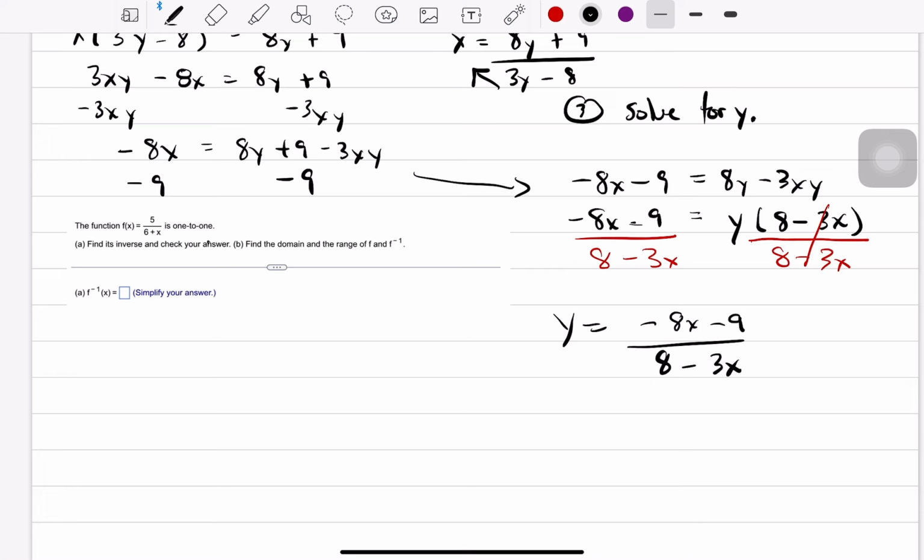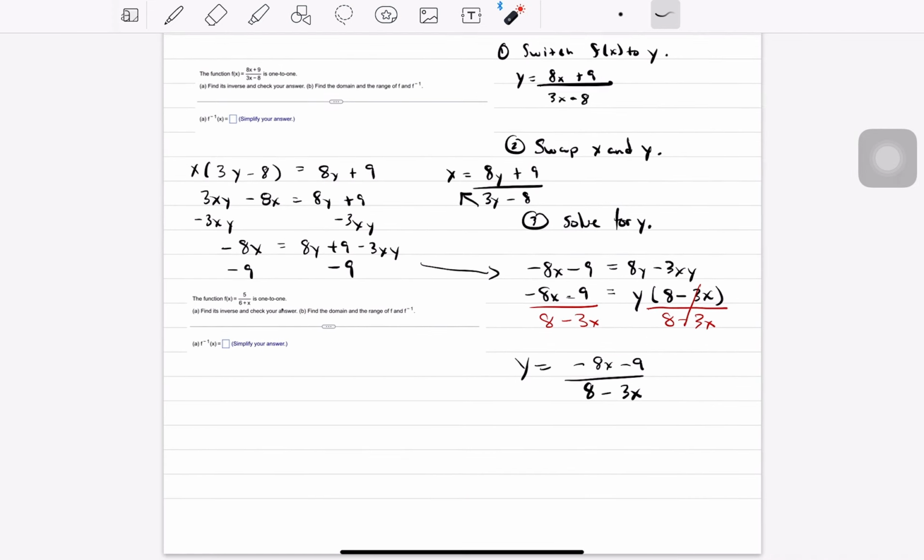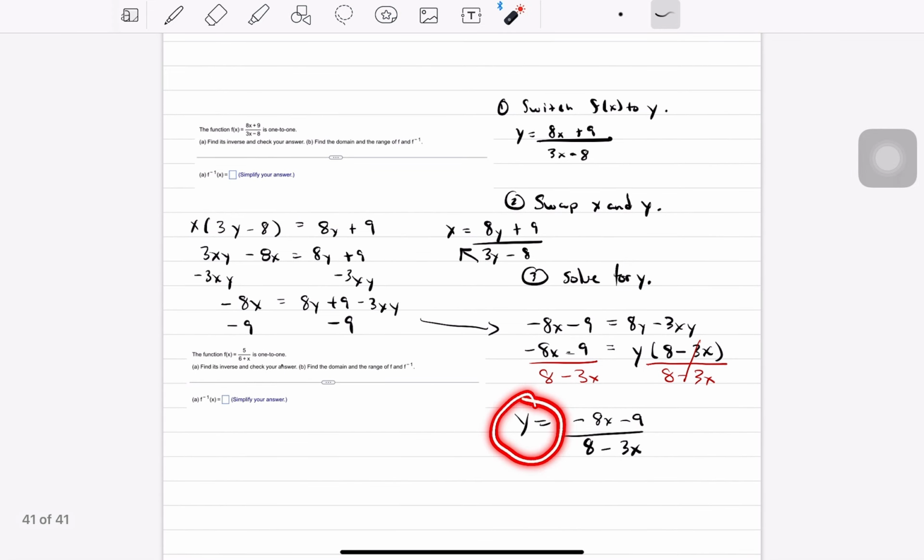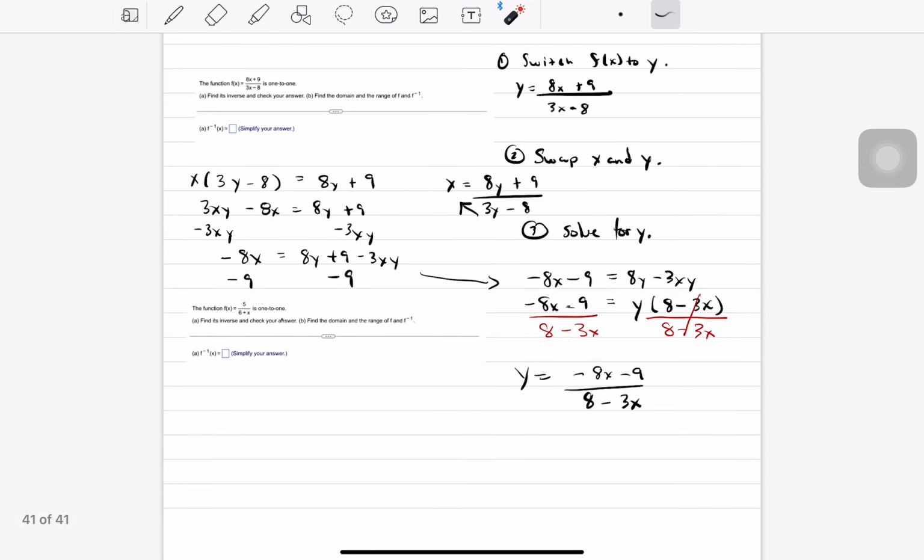So this, we're not done yet. You see how when we solve for y, naturally y is left. However, because this is not our original y, this y is not the one we started with up here. So there's actually a step 4. You have to rewrite this function.